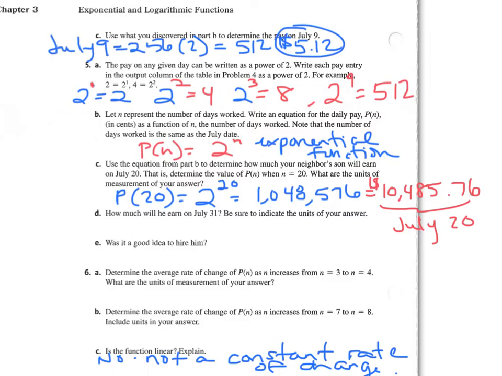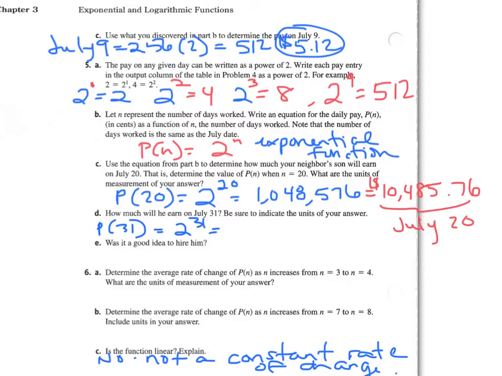So 20 days in, if I start with 2 cents and double it each day, I'm at $10,485. It's crazy how fast it grows, starting at such a tiny amount, if it's growing exponentially. Okay, so the next one, they're asking us to do the same thing. P of 31. So 2 to the 31st.